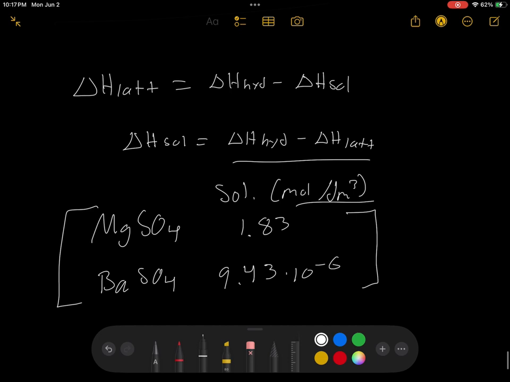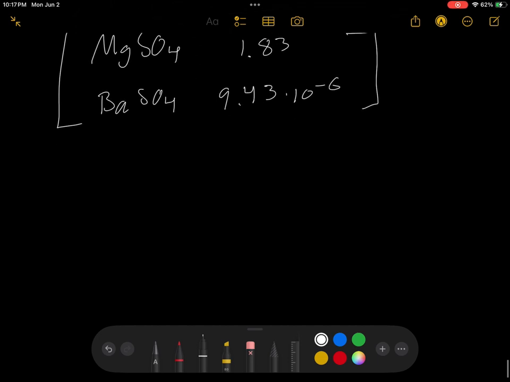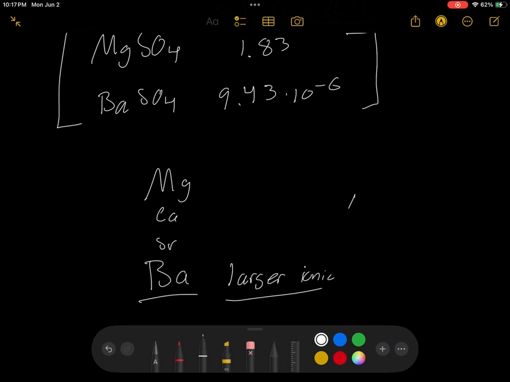So we can look at this equation to understand these trends, right? Magnesium sits above barium in its group, with calcium and strontium between them. As we know, this means that barium has a larger ionic radius. And as we understand from delta H hydration and delta H lattice, this larger ionic radius, or just being lower in the group in the first place, means that barium has a less exothermic, or more endothermic, hydration and lattice enthalpy.